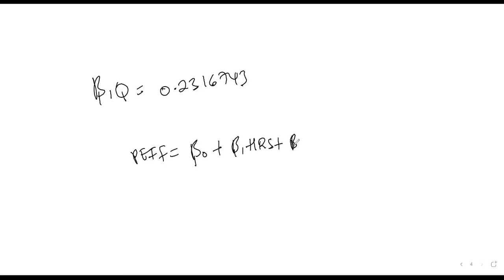So beta 2 income. Another independent variable was IQ. So plus beta 3 IQ. Another independent variable was gender. So plus beta 4 gender. And of course, you bring your error term. So that's what we mean by estimable regression equation.